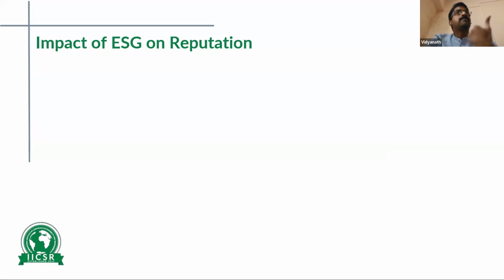And the financial element means a lot of losses, huge losses, and brand reputation loss. So these are all various ESG or sustainability impacts: the company has impacted the society. Clear?